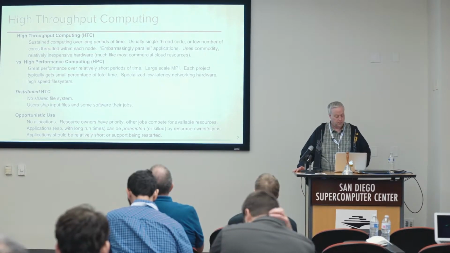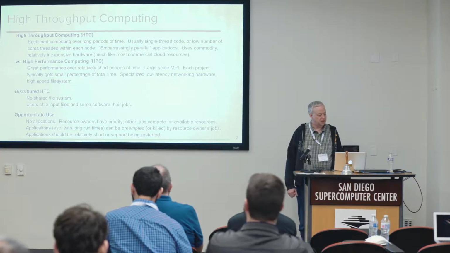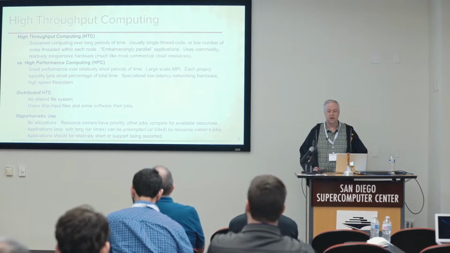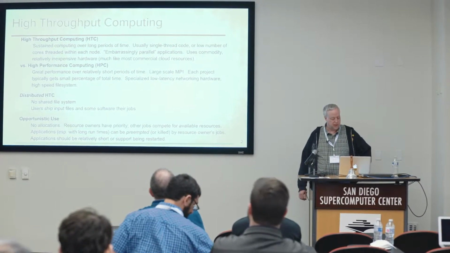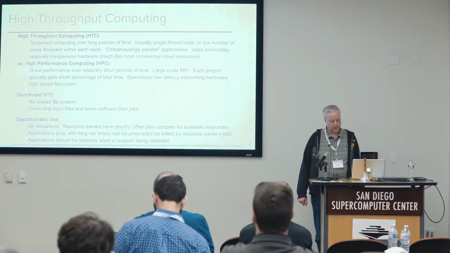With high throughput computing, we talk about it as being sustained computing over long periods of time, as opposed to HPC, where you tend to have really great performance for relatively short periods of time.